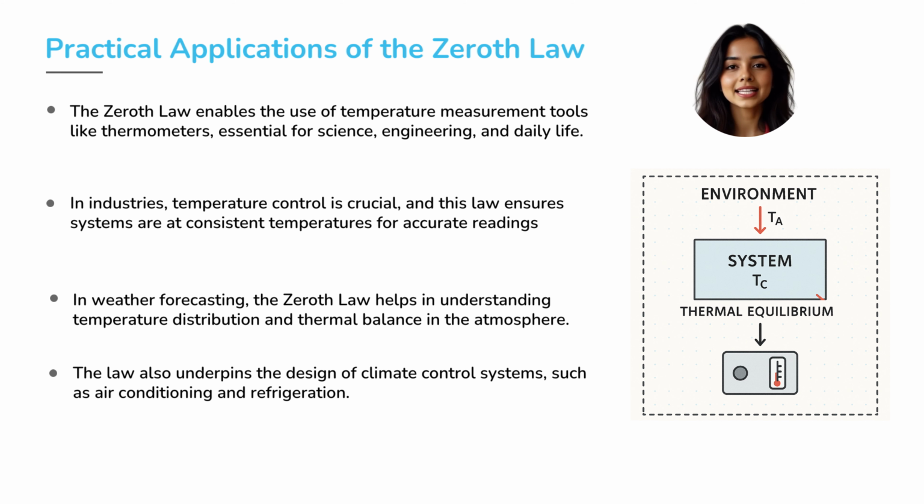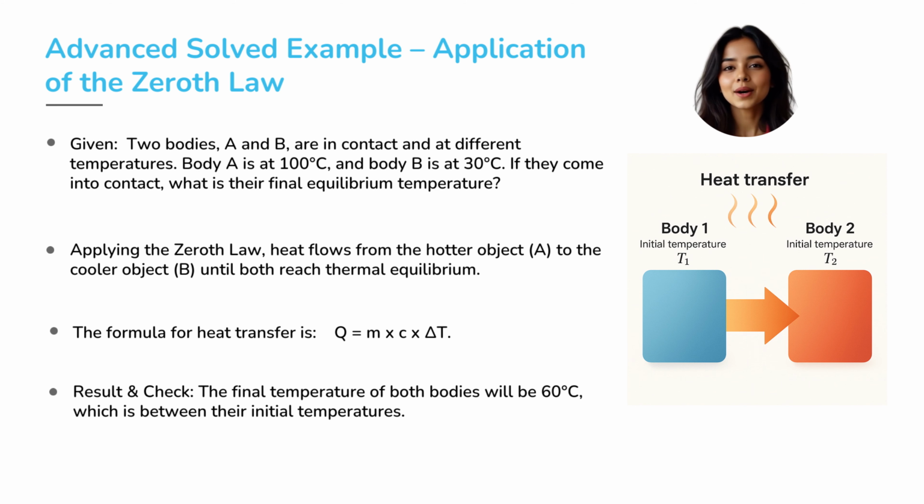The same idea is behind all climate control systems, from your home's air conditioning to industrial processes that require exact temperature control. And let's not forget about meteorology. The Zeroth law helps us understand how the atmosphere reaches thermal equilibrium with the Earth's surface, which is key for predicting weather patterns.